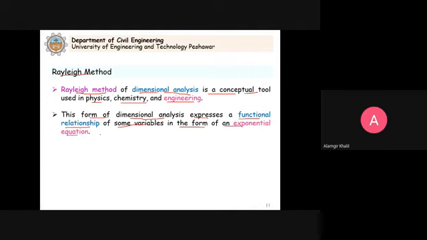First you have to identify the parameters. This will not be given in the problems we solve, of course. The parameters will be given because the purpose here is to show how you apply these methods.